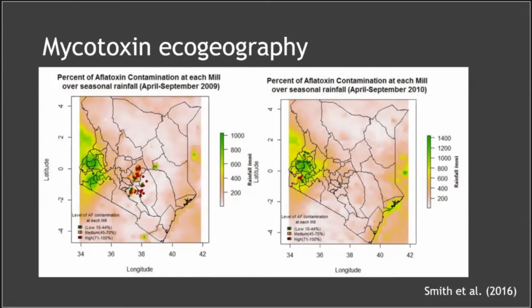And it's not shown here, but for fumonisin, the relationship was reversed, with more fumonisin here and less in eastern Kenya. So this kind of gives you a sense that there are spatial dynamics that are related to the environment for the production of each of these toxins.